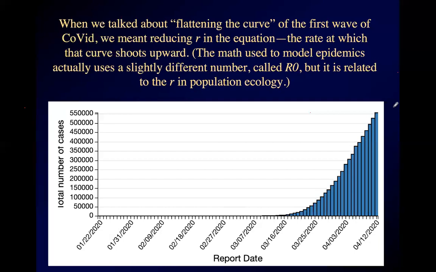I should mention that the math that's used to model epidemics is a little bit different, and the number that they use is called capital R0. It is related to the lowercase r that we use in population ecology. So yeah, the math used for modeling epidemics and the math used for modeling population growth is related, although there are technical differences.